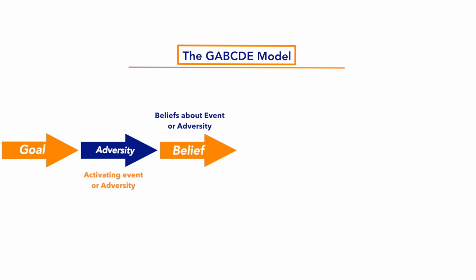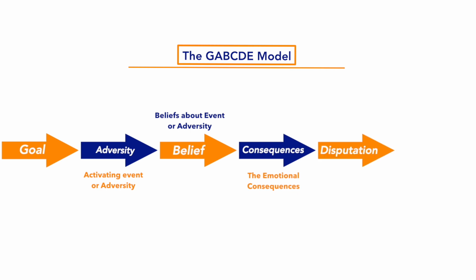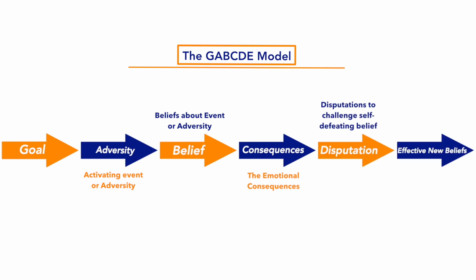The model you see here demonstrates how the A, which stands for activating event or adversity, has an influence on our beliefs. This can be linked to past or future anxieties and beliefs that we have learned throughout our lives.